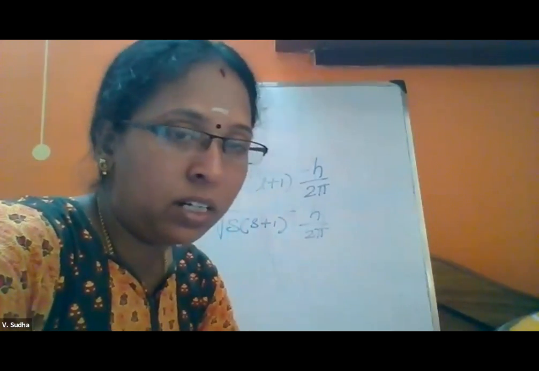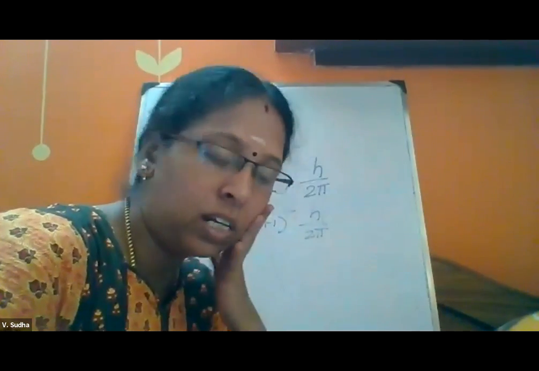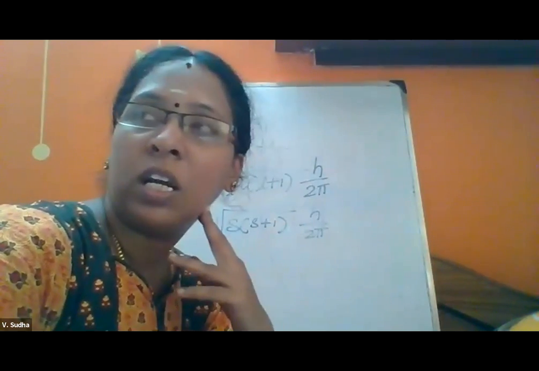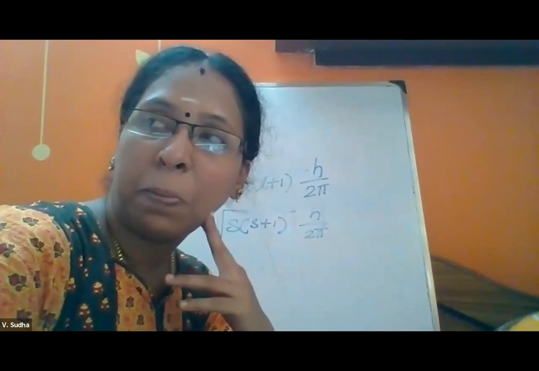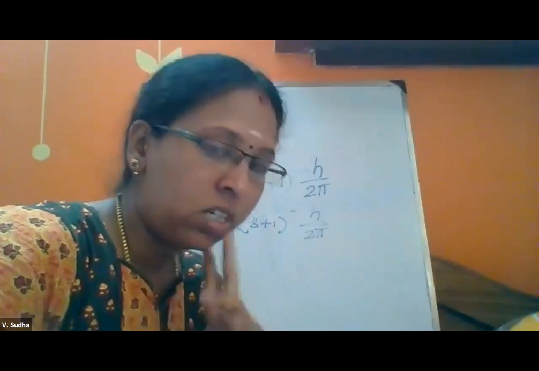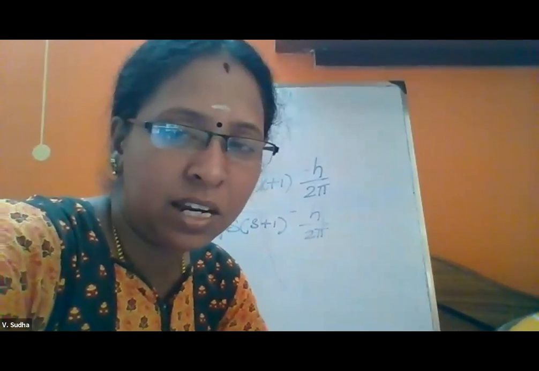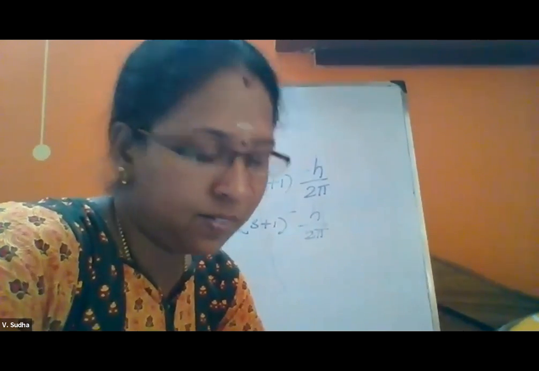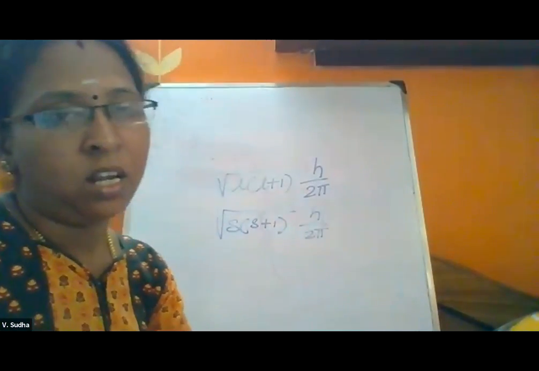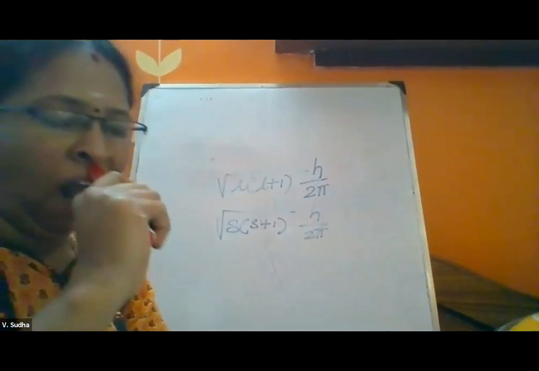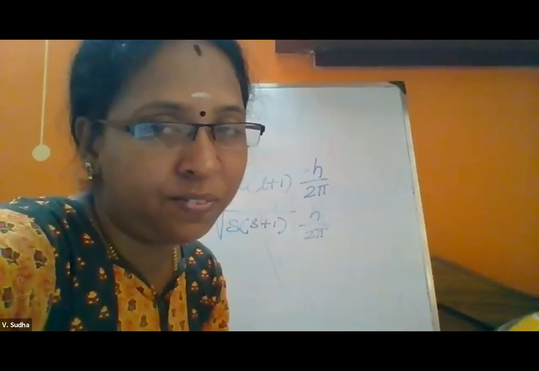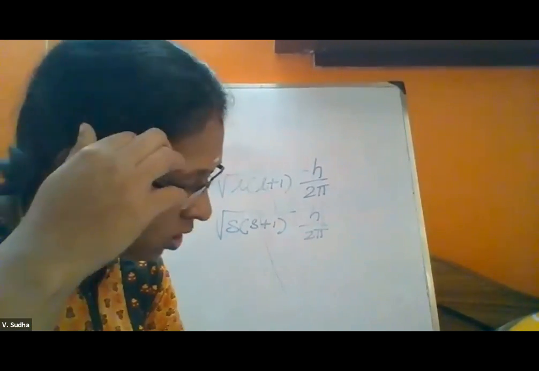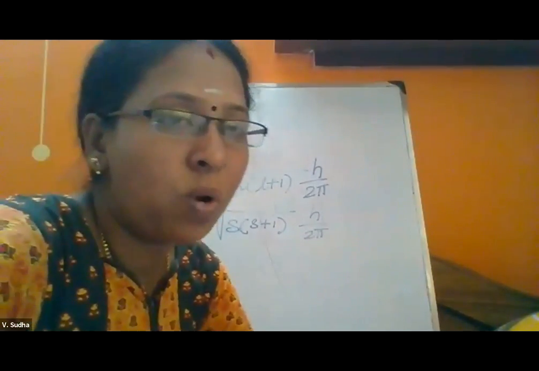Number of angular or planar nodes, that is nodal planes, they are all the same name, is equal to l. Total number of nodes is equal to n minus 1.